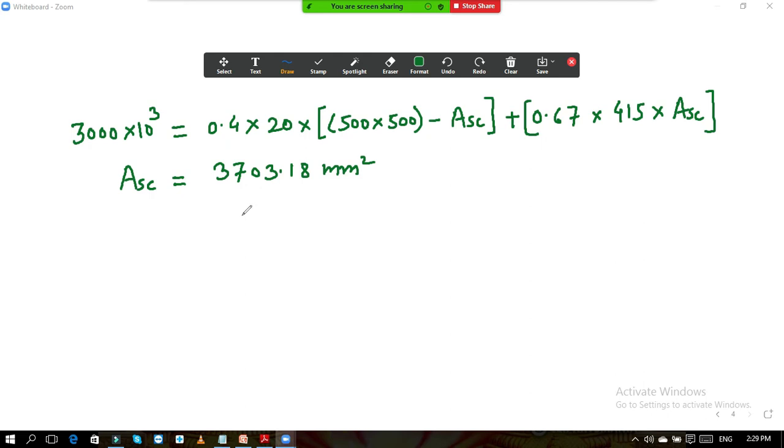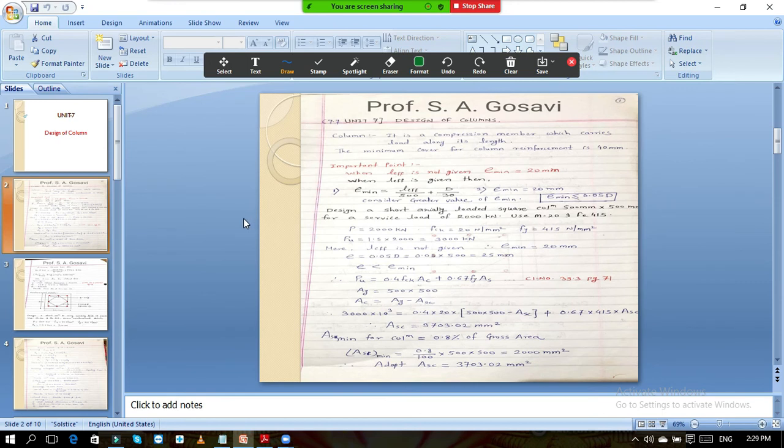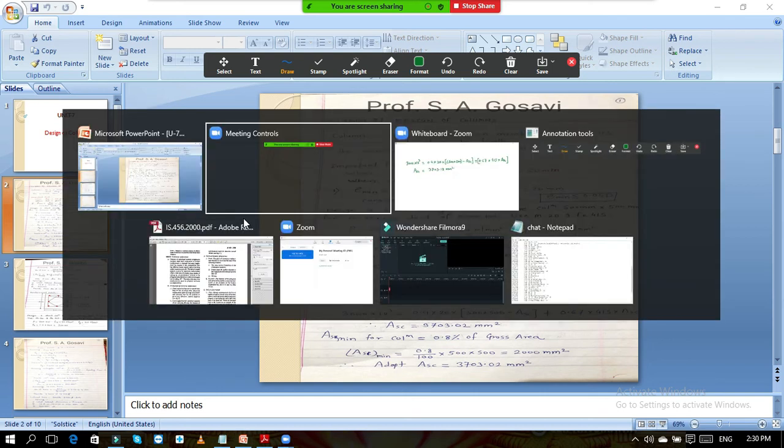But before that, we need to check whether this reinforcement is greater than the minimum reinforcement, because we have to provide the minimum reinforcement. We have just seen in the IS code that the minimum reinforcement in the column must be 0.8%. So we need to calculate that first.